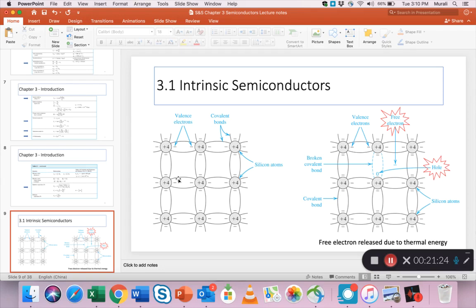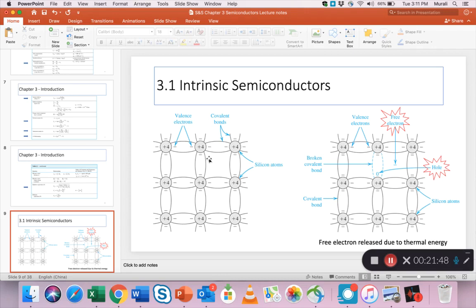Okay, so on the left side is the structure of how individual silicon atoms are held together to make silicon. A molecule has many atoms, and then molecules together make the actual material.